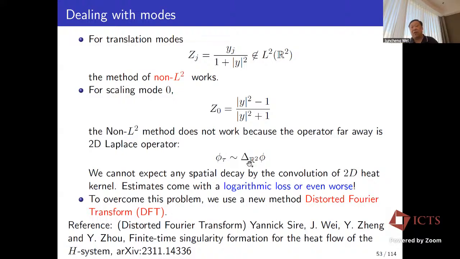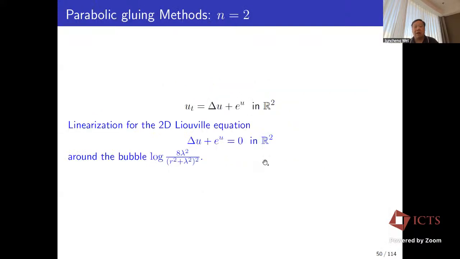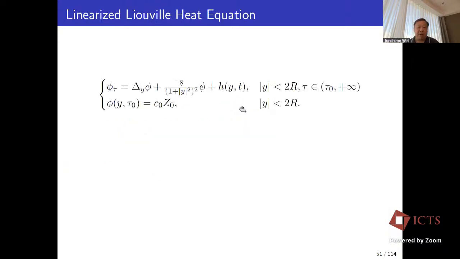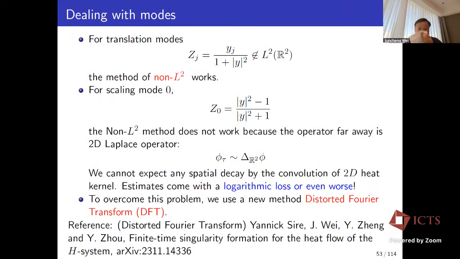The takeaway is that in dimension 2, with the Newell type nonlinearity, we can still do parabolic gluing, but the parabolic gluing will be quite non-standard. We need to use the distorted Fourier transform to get all the estimates.